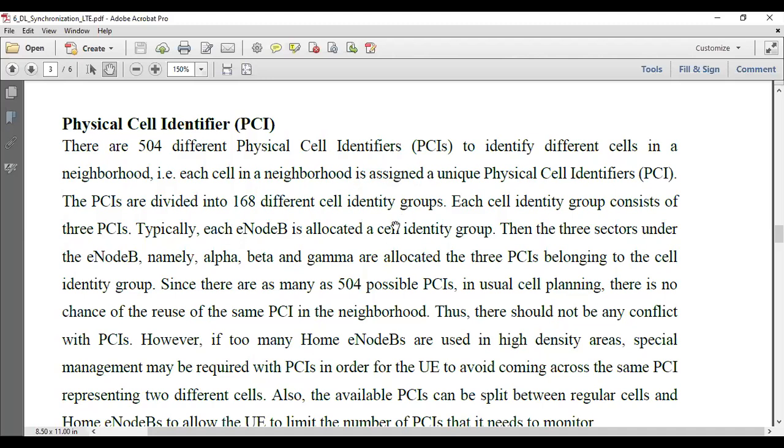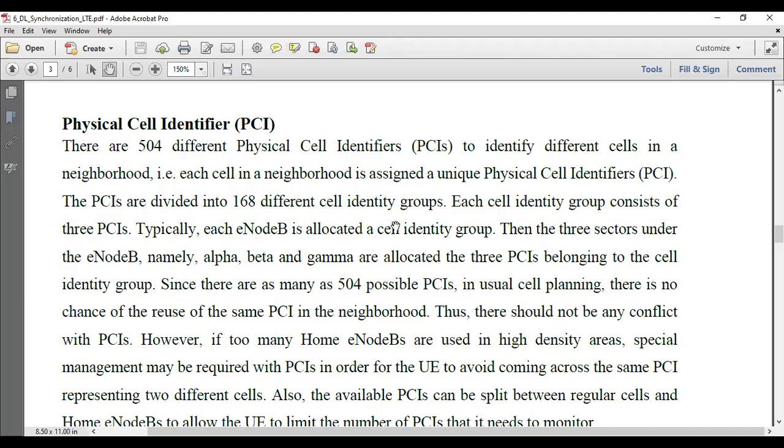Then in that group you have 3 different PCIs available, and the 3 cells under the eNodeB will be allocated those 3. The cells under one base station are called alpha, beta, gamma.